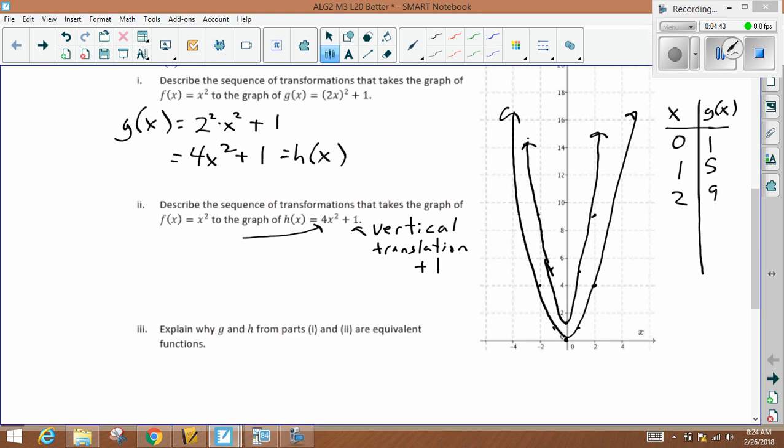Horizontal scaling, I think that's a more precise way to talk, rather than saying compress or stretch or, what's the other one? Squeeze. Let's call this horizontal scaling. And what's the factor? It's a factor of 4.